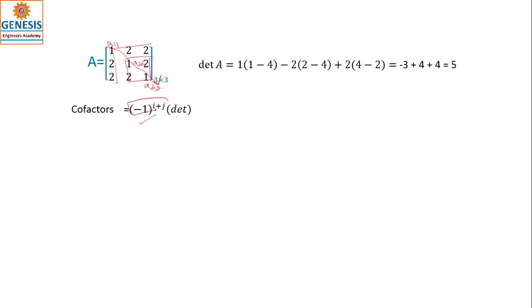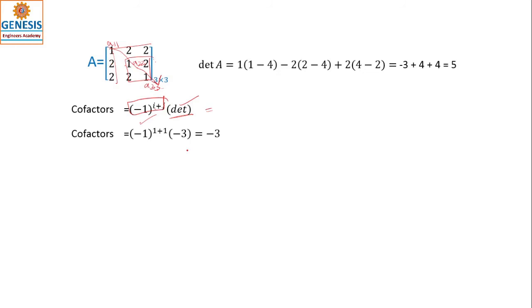That means the sign becomes positive, because it is even. And this one is 1 into 1, minus 4, which comes to minus 3. So that is the formula. But the caution is, don't take the total determinant; you have to find that particular cofactor. Next, you don't multiply these numbers for cofactors; for the determinant only, we multiply that element.